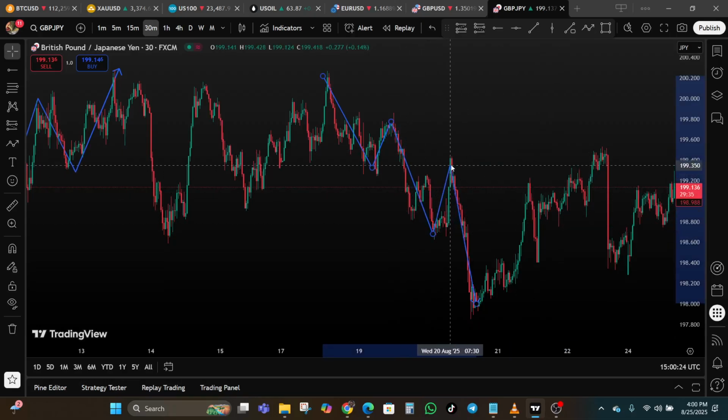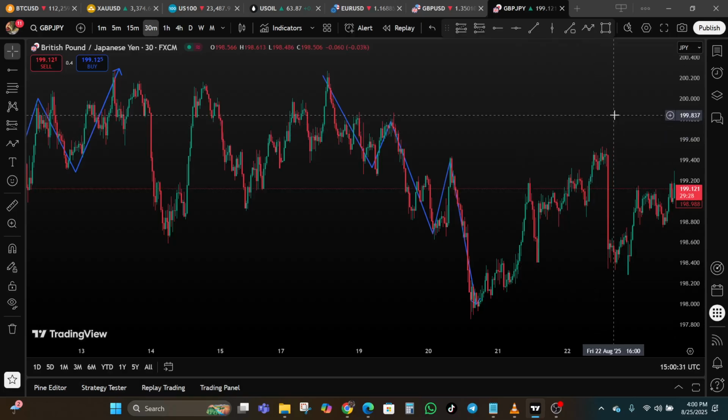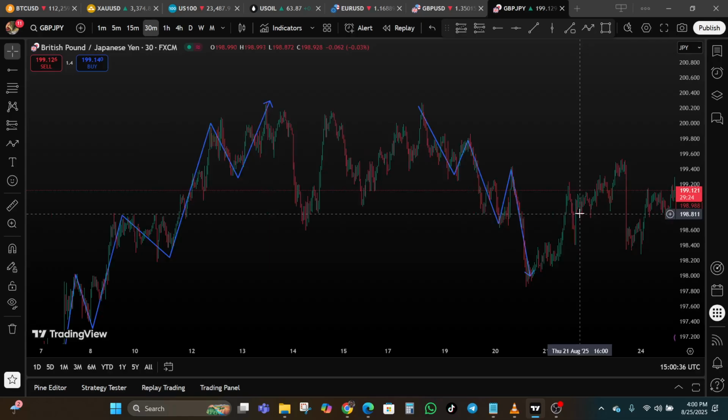It's important for you to identify market structure. The 30-minute chart shows structure well, making it easier to identify the overall direction of the market.